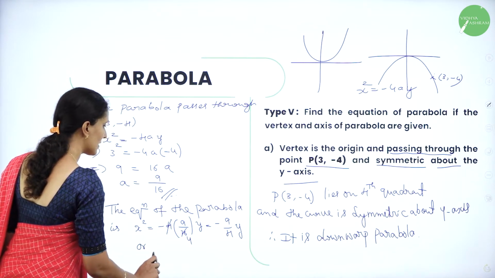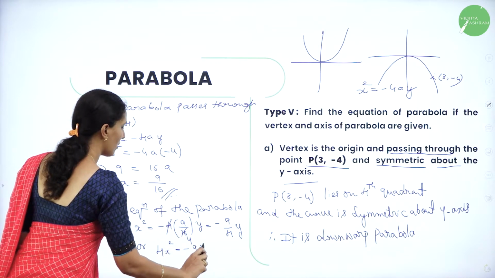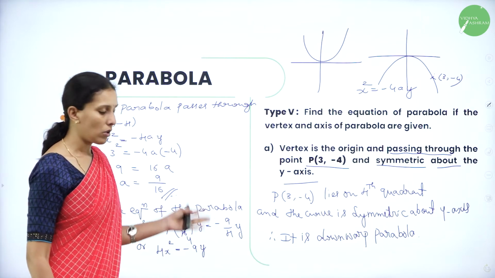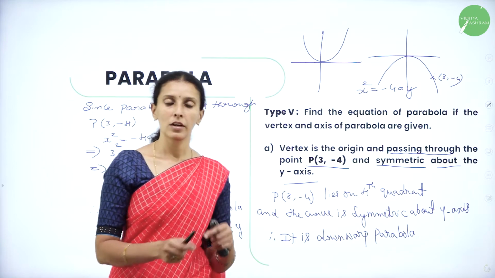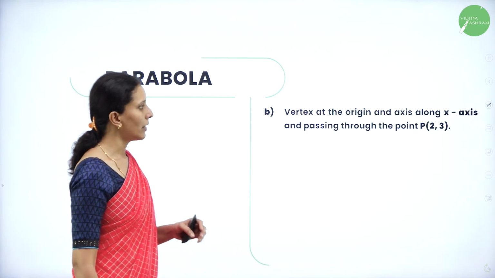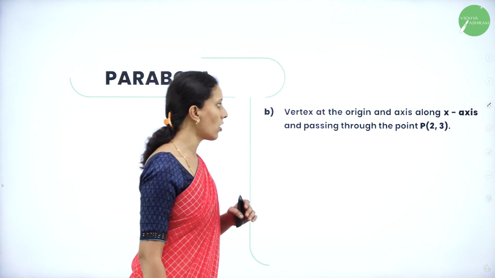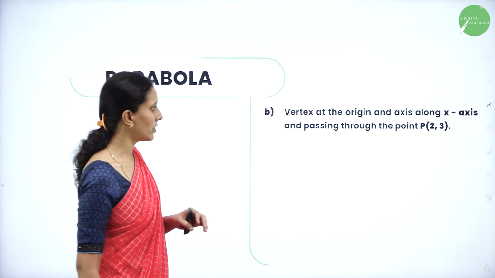Or you can write this as 4x square is equal to minus 9y. Or you can also write this as 4x square plus 9y is equal to 0, which will be the general equation. Next question. Vertex at the origin, axis along x-axis and passing through the point P(2, 3).